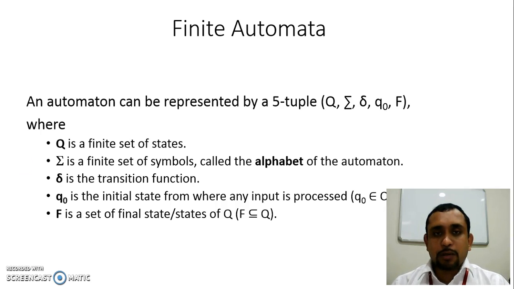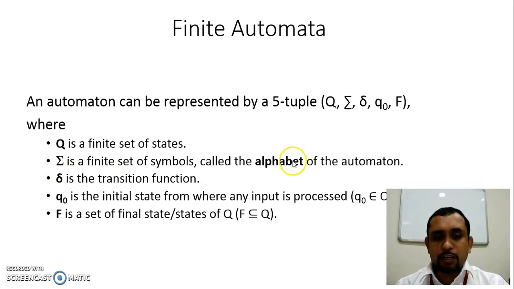Let's see the various components or elements of finite automata when it comes to defining the automata in terms of a mathematical model. An automata can be represented as a 5-tuple Q, Σ, δ, Q0 and F, where capital Q is a finite set of states available in the finite automata.